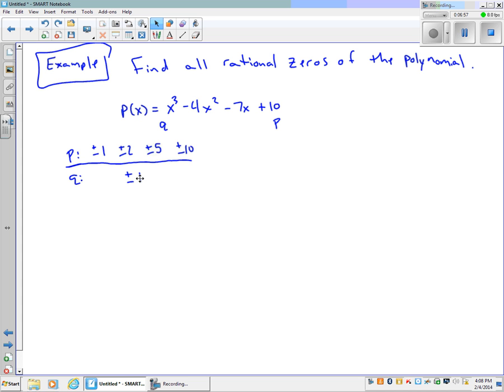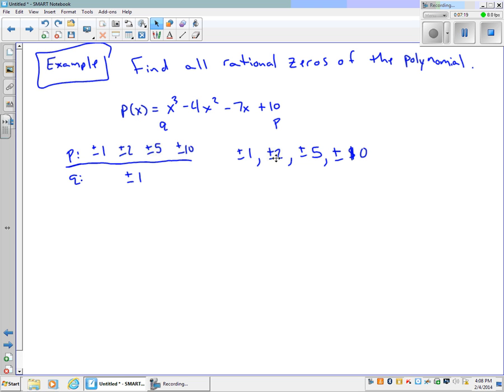Because we only have one factor for the denominator, each of the numerators are the possible zeros. So we put positive and negative 1, positive and negative 2, positive and negative 5, and positive and negative 10.